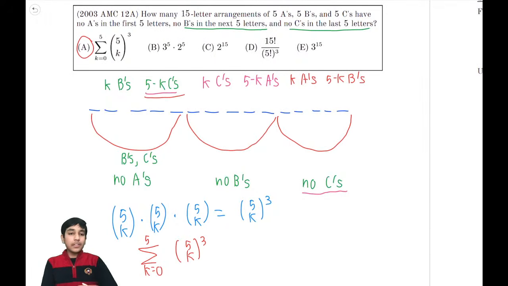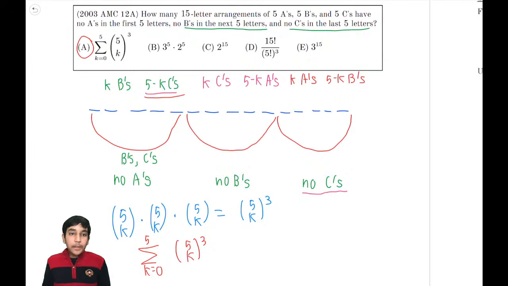Basically, rather than doing a bunch of casework that would take forever, I'm just saying, let's say that there's K B's, and let's assume there's K B's and 5 minus K C's. We'll worry about the different cases for K as we go. And we can say that there's K C's and 5 minus K A's, K A's and 5 minus K B's in the beginning. So overall, we can just do 5 choose K cubed of arranging each of the 3 slots.